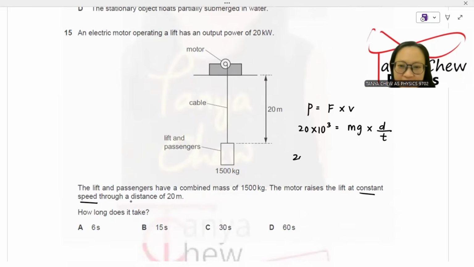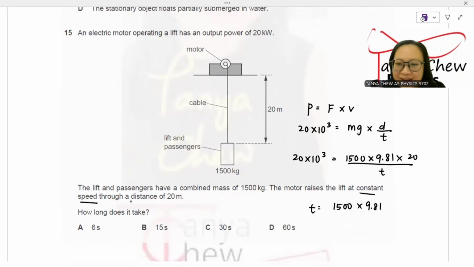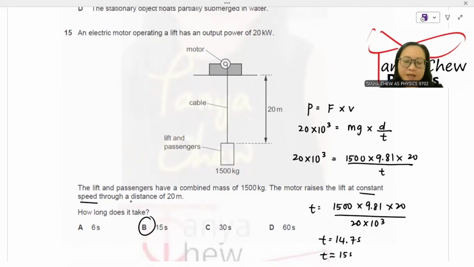Right, so 20 times 10 to the power of 3, mass is 1,500, g is 9.81, distance is 20 meter, divided by time. Time is equal to 1500 times 9.81 times 20 divided by 20 times 10 to the power of 3. So the time taken is 14.7 seconds, which you round off to 15 seconds. B is the answer.